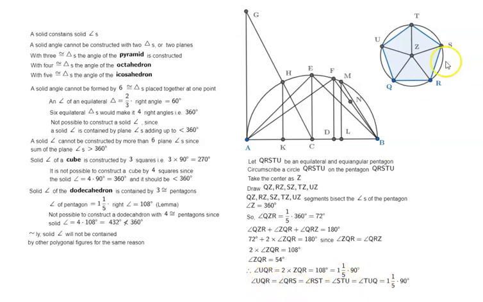And since it is an equiangular and equilateral pentagon, all these angles would be 1 1/5 of 90 degrees. That was the remark at the end of proposition 18 along with the lemma.